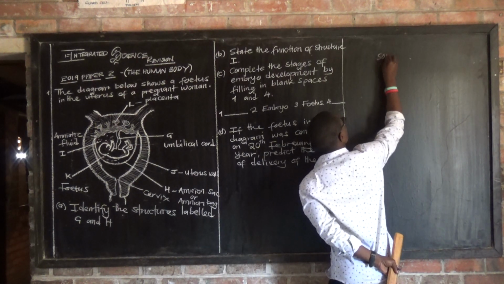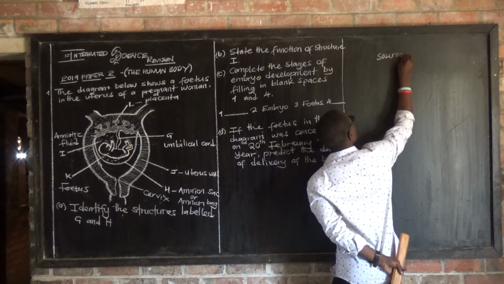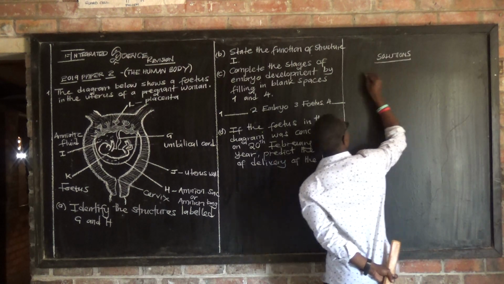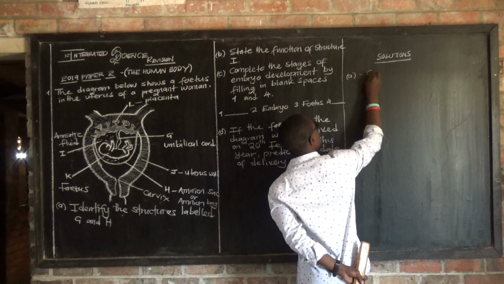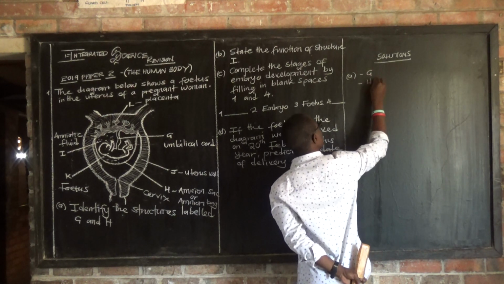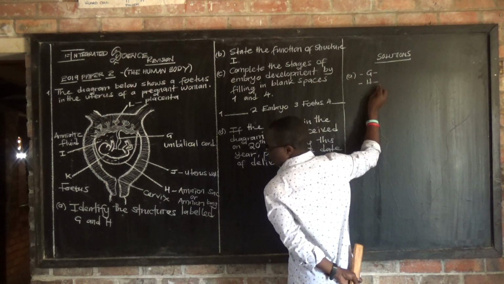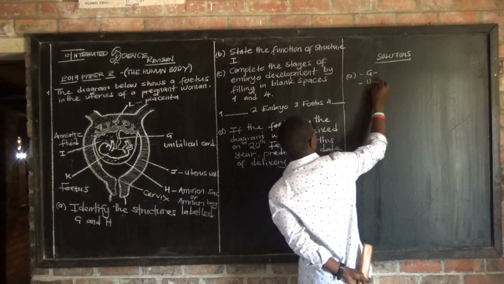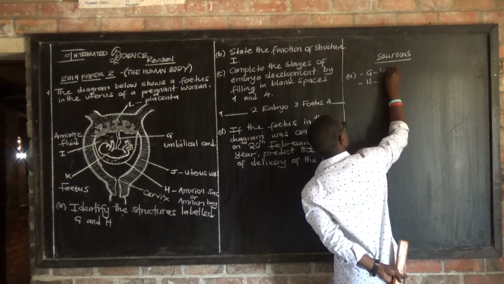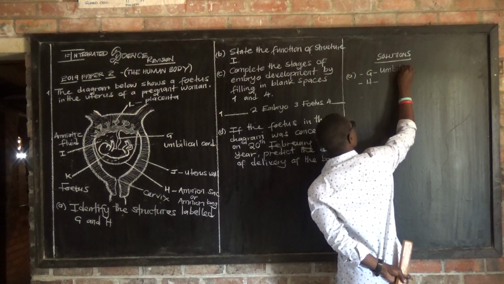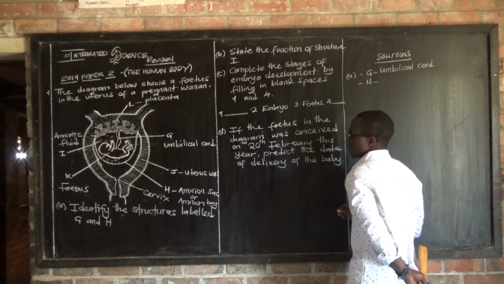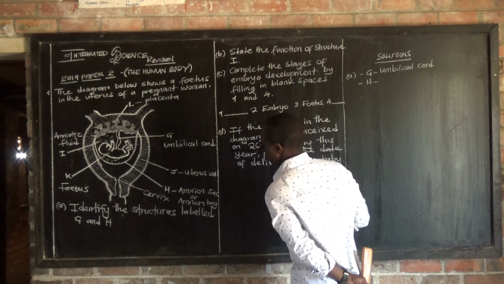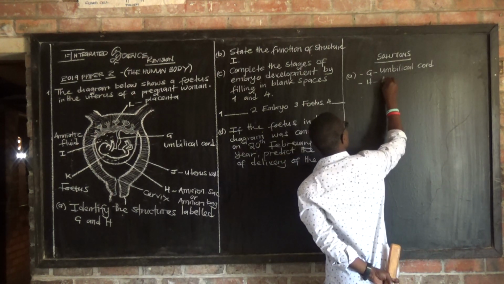So what is our G? This is the umbilical cord. Take note, umbilical cord. This is our G. Then H, this is our amnion sac.